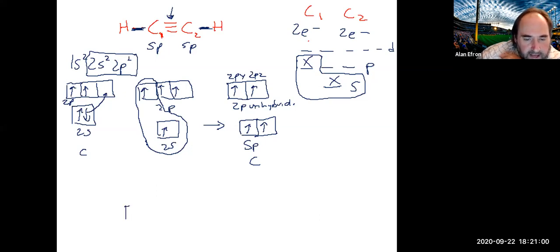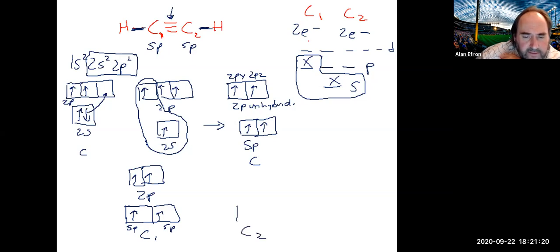So we will have for carbon number 1, 2 sp hybrid orbitals. They're both sp. We will also have our 2 unhybridized 2p orbitals. And carbon number 2 will do the same thing.